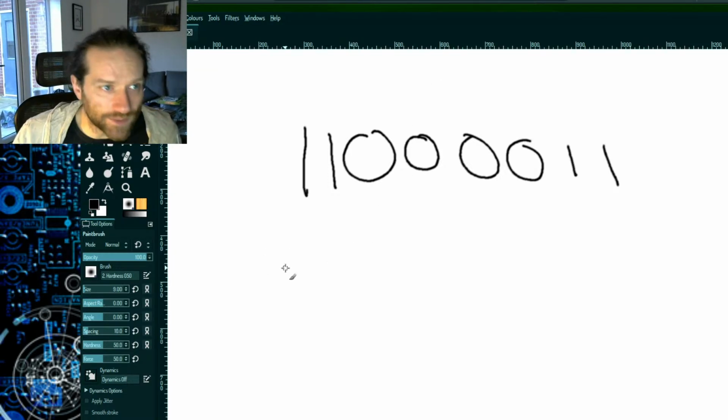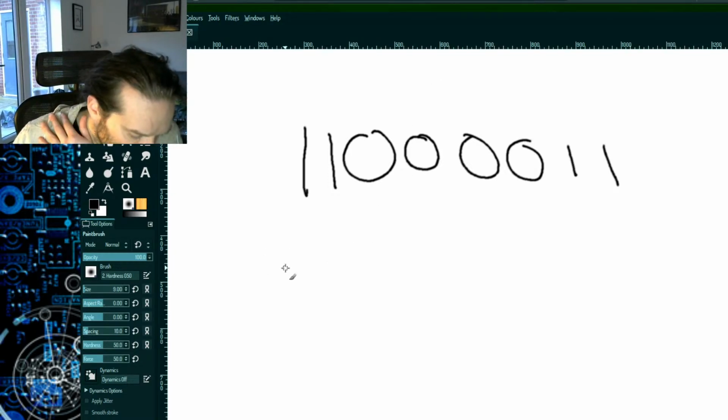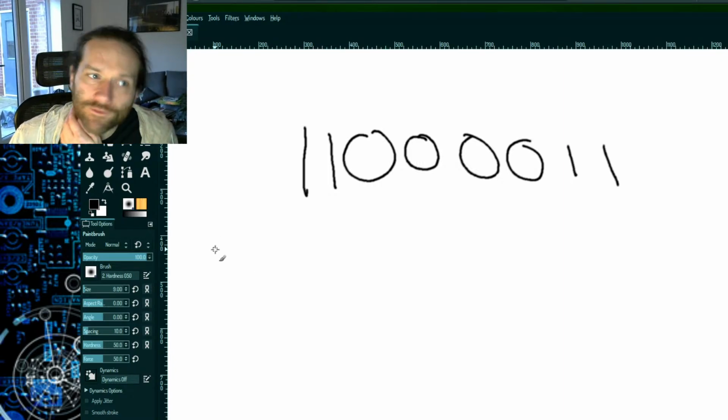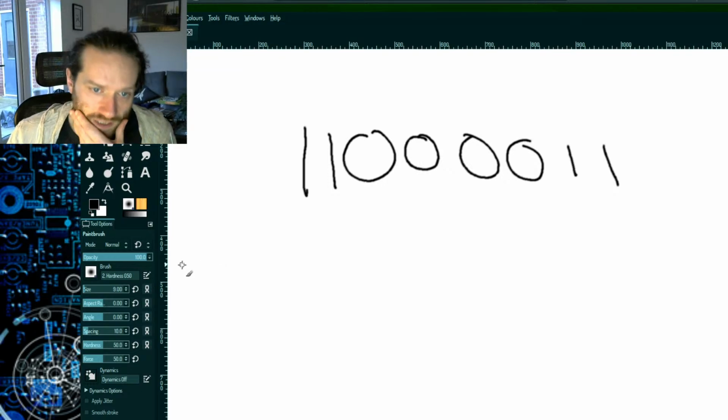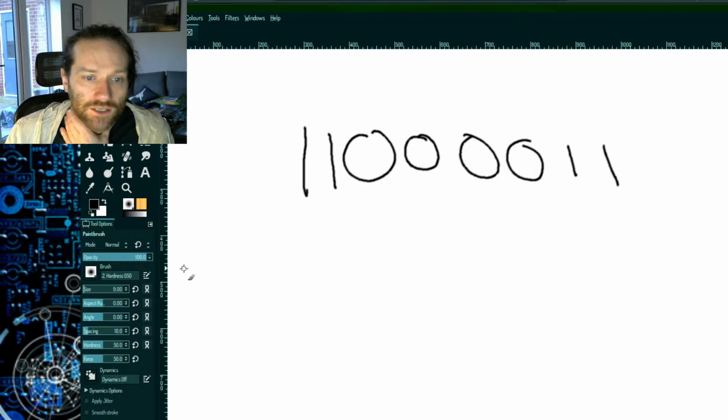Now, a top tip which I always give to my students, and they always seem to ignore for some reason, is whenever you're doing hexadecimal stuff, it always helps to do something like this just at the side of your paper.